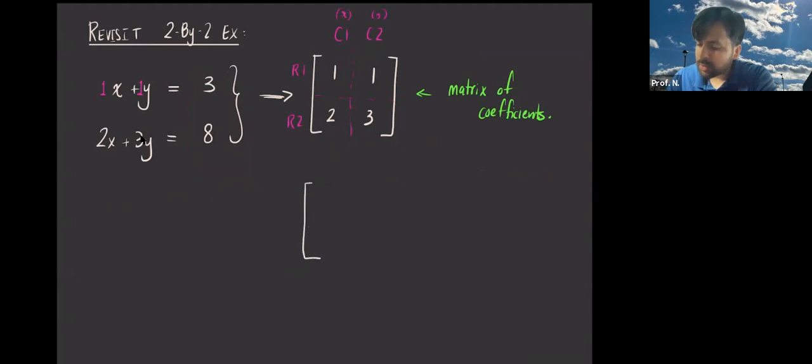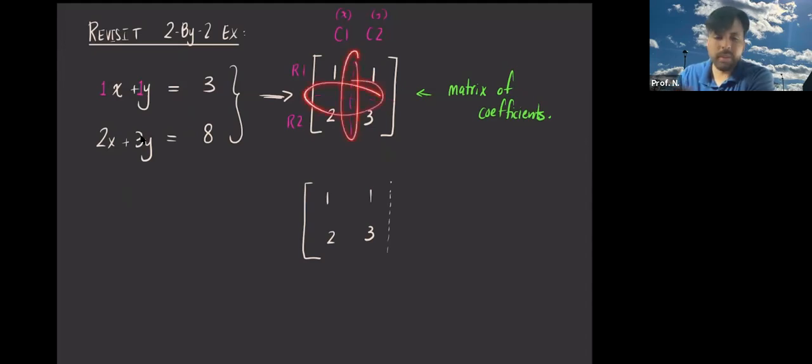The augmented matrix is the matrix of coefficients, so we have 1, 1, 2, and 3. And what people tend to do is draw a vertical line, or sometimes a dotted line, either or. That line we do draw. These brackets we don't draw; they are just for visualization of the location of the numbers. But this line indicates that we have an extra column, and that extra column holds the constants that each equation is equal to. So that's where we include the 3 and the 8.